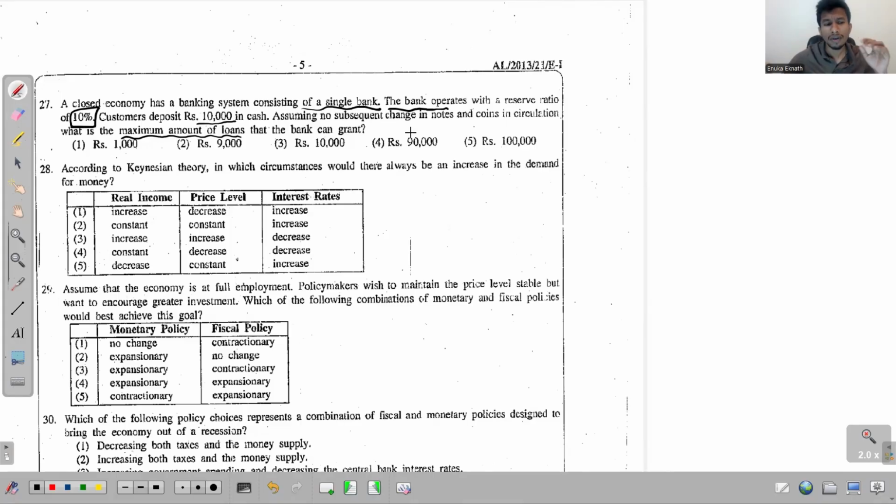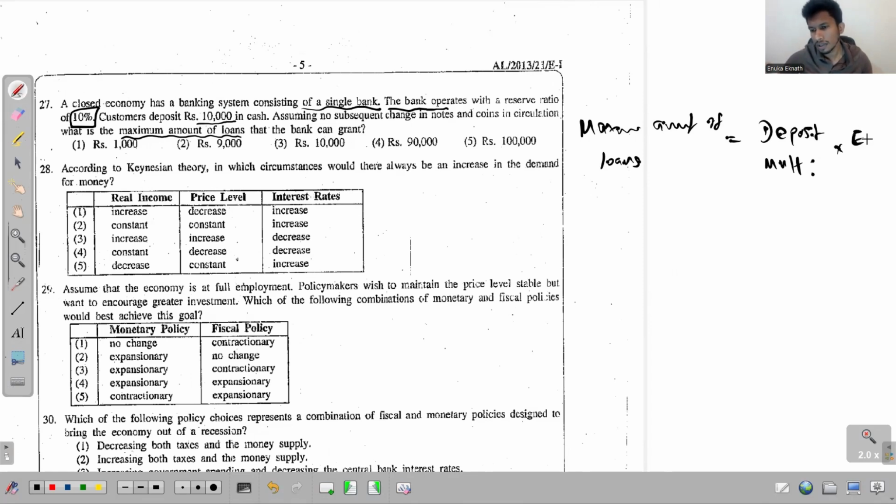So how do we calculate this maximum amount of loans? This is how we calculate it. We write maximum amount of loans equals deposit multiplier multiplied by the excess reserve, initial excess reserve.